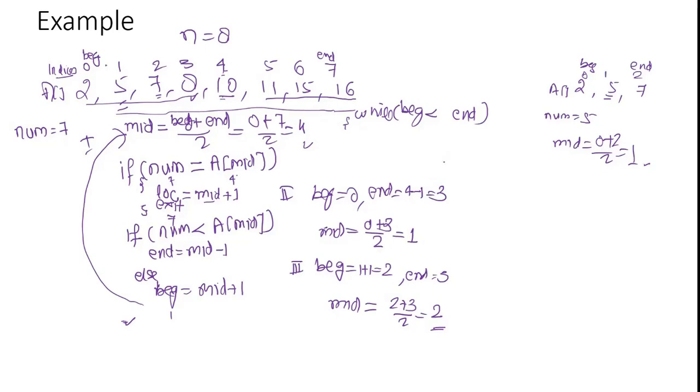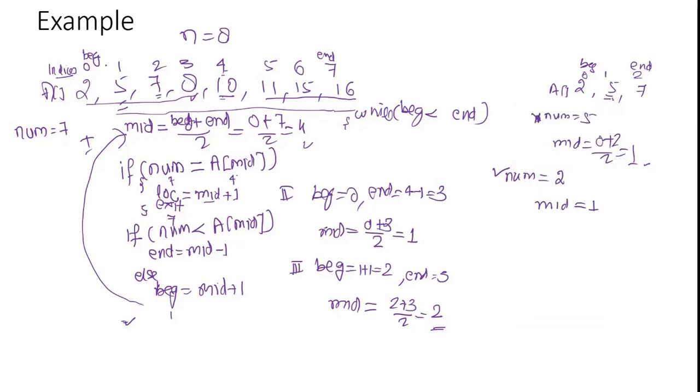Okay, and now suppose in this list we want to find 2. So instead of finding number 5, this time we want to find number 2. So repeat this procedure. First we are calculating mid. So mid will come as 1. Now we will compare whether number is equal to A of mid.